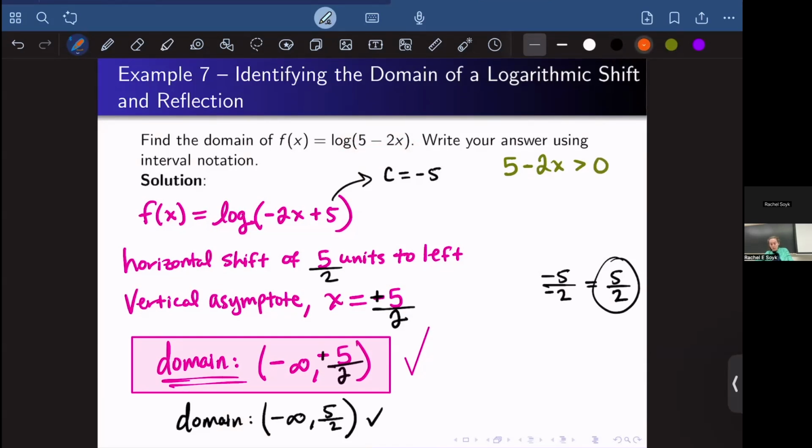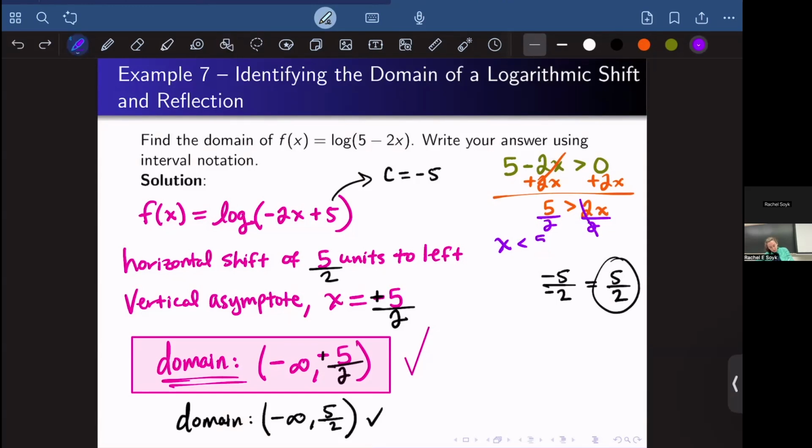And so now just utilize your inverse operations, add 2x to both sides, and you get 2x is less than 5. And then last but not least, divide both sides by 2 so that you get x is less than 5/2.